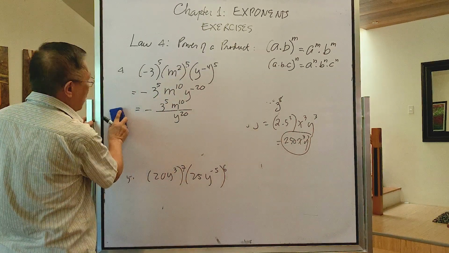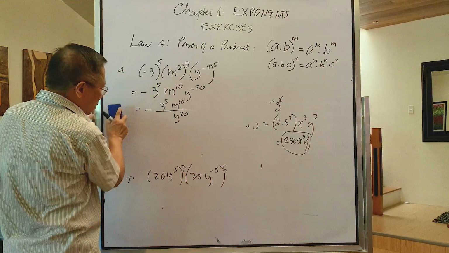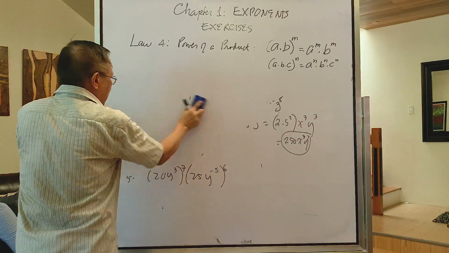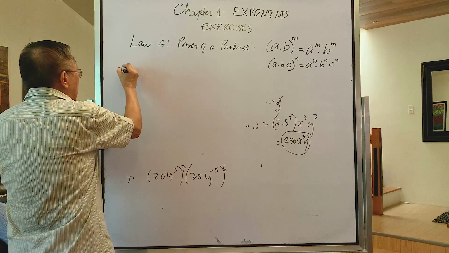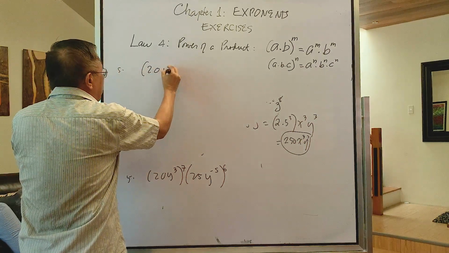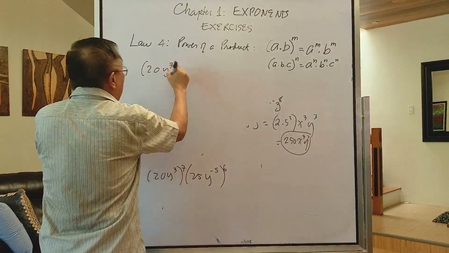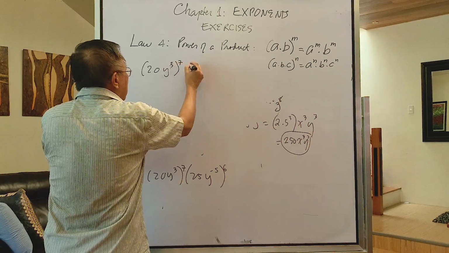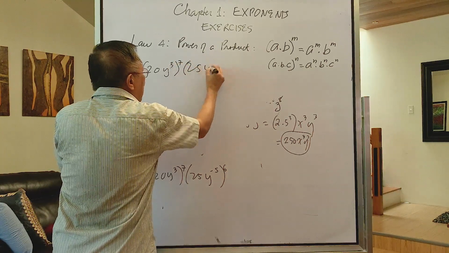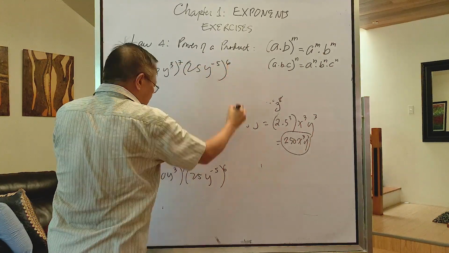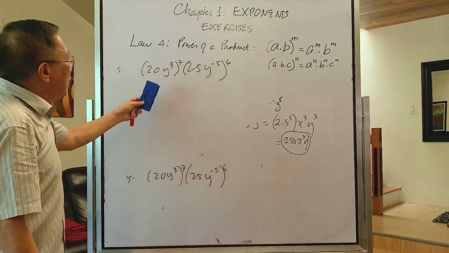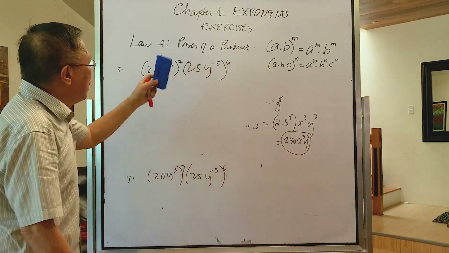Okay, now, what about the last one? Number 5 here is 20y to the y cube raised to the 7 and 25y to the negative 5 raised to the 6. We are multiplying, but we don't have the same base.